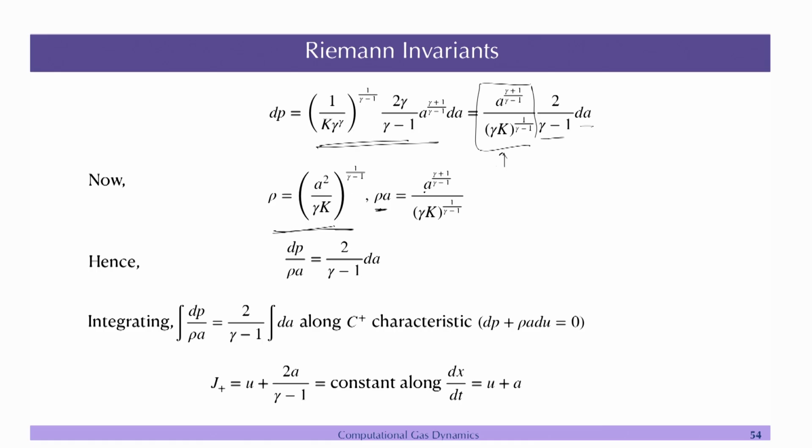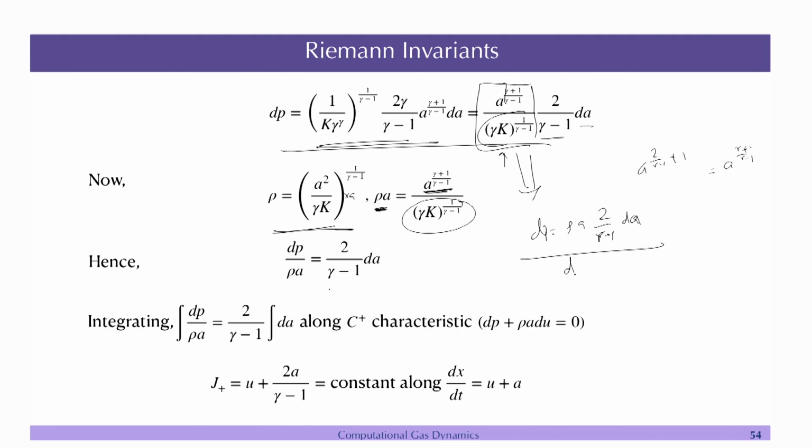Then you multiply with a here, and this is a to the power 2 by gamma minus 1 plus 1, so this will become a to the power gamma plus 1 by gamma minus 1, right, and the bottom one is the same. So, we can replace this entire thing by rho a. So, this will become dp is equal to rho a 2 by gamma minus 1 into dA, right, and then finally, you can write it as dp by rho a is equal to 2 by gamma minus 1 into dA.